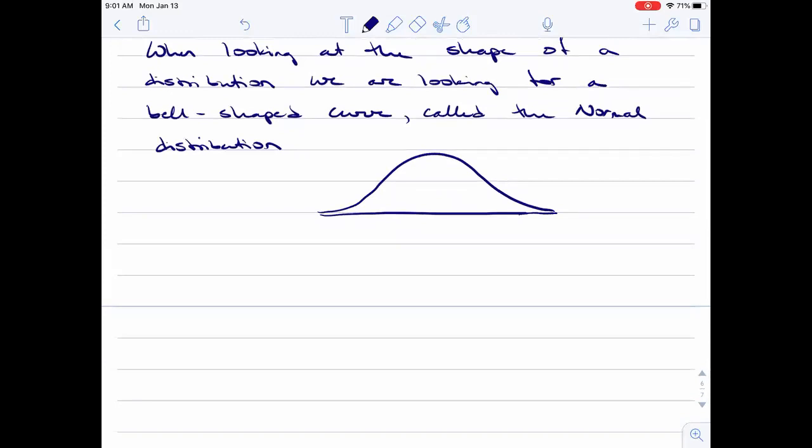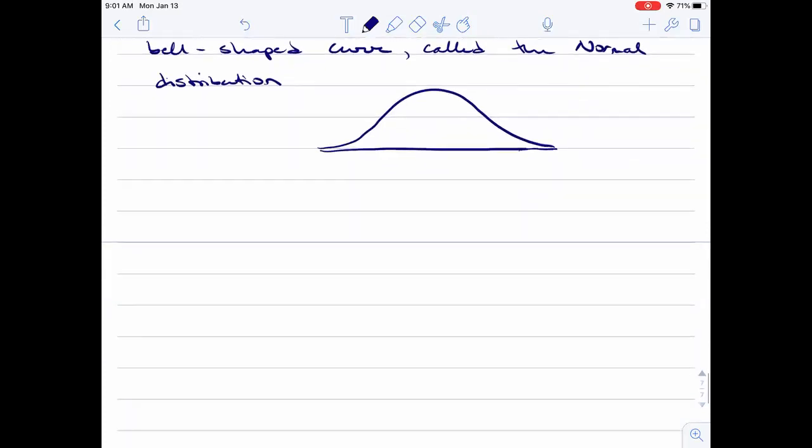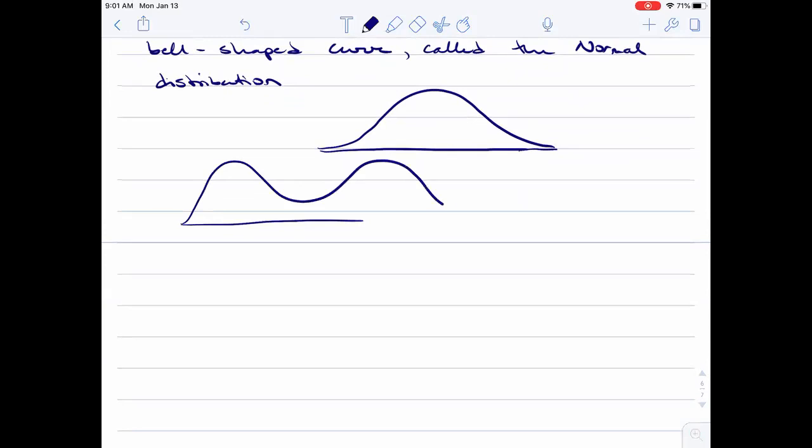Show me how it's done. Oh, so if you have, sure, let's talk about it, if you have something like this, that would be called something else.